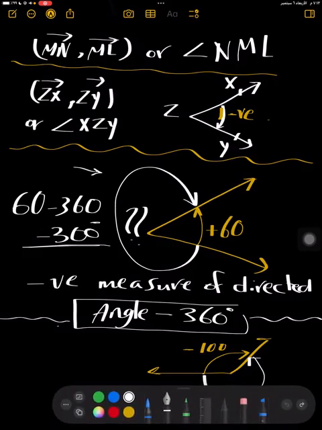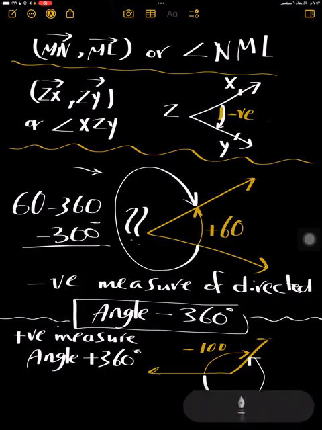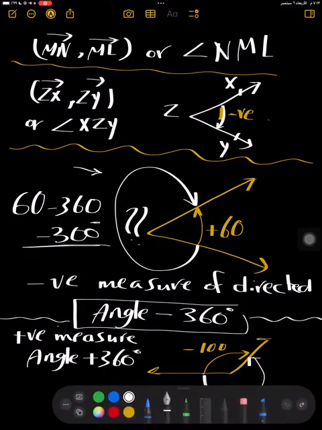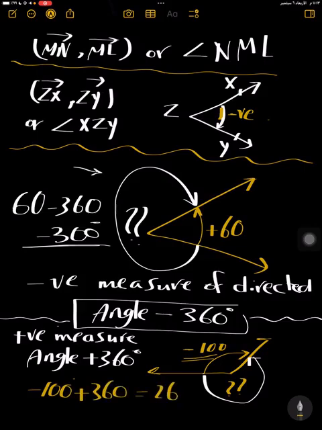To find the positive measure of a directed angle, we make the angle plus 360. In this example, we make this angle negative 100 plus 360. The result will be 260.